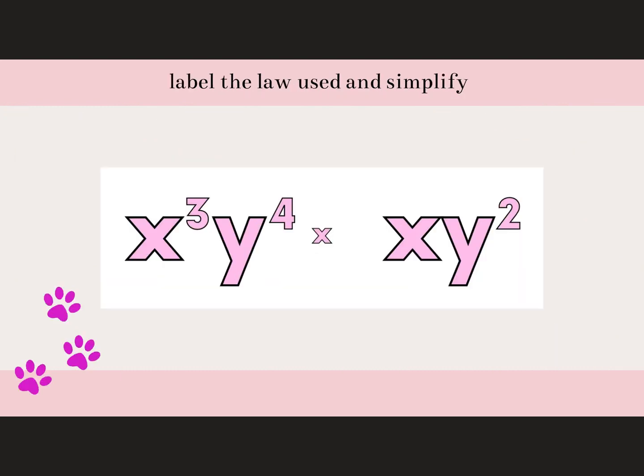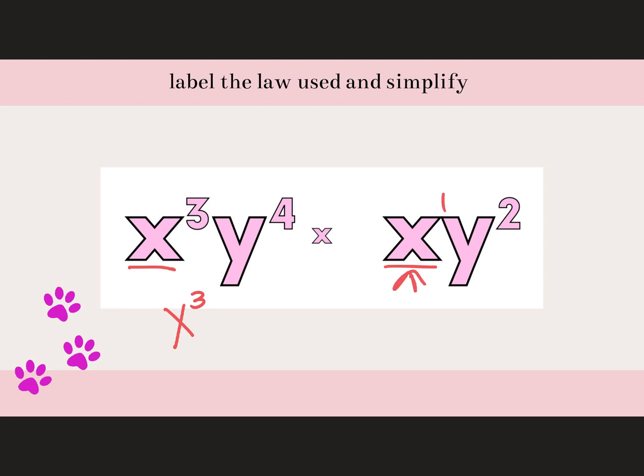Try this one. So here we are going to use our law of product of powers. Same bases, add the exponents. Same bases, add the exponents. So I have x to the power of 3. And what is this x here? What power is it raised to?